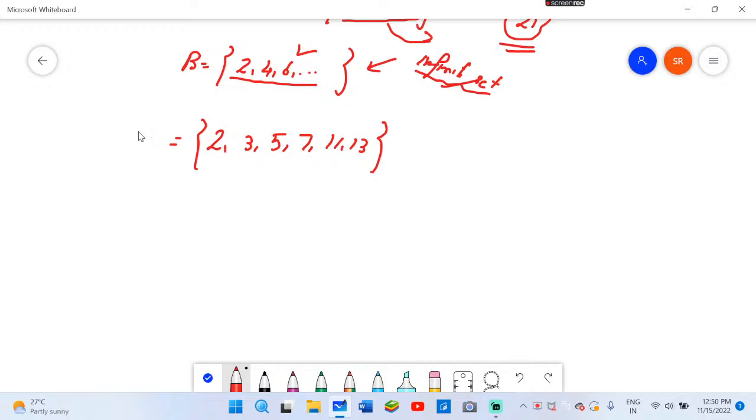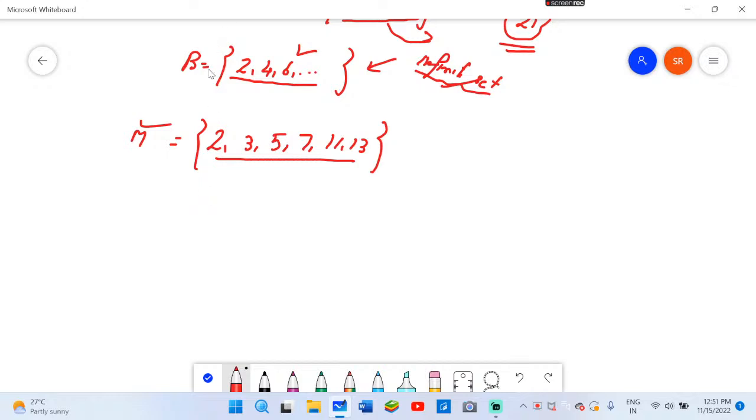This is set, let us say M, the set in roster form or tabular form. So remember, in roster form, elements will be written actually, separated using commas, and the collection will be enclosed in curly braces.